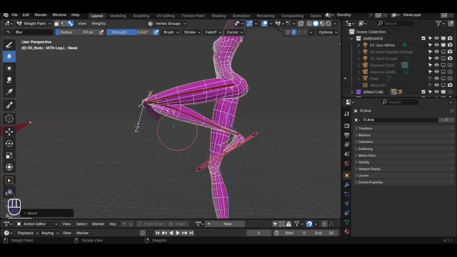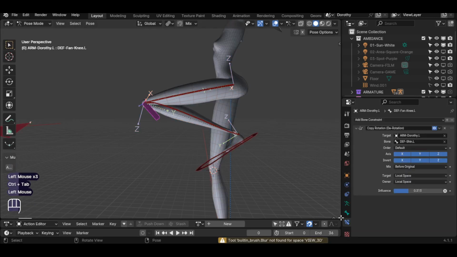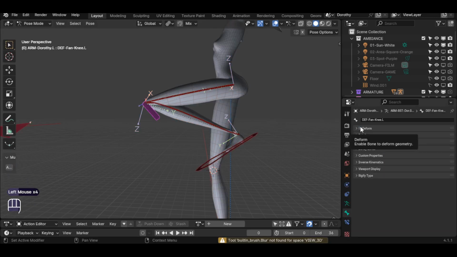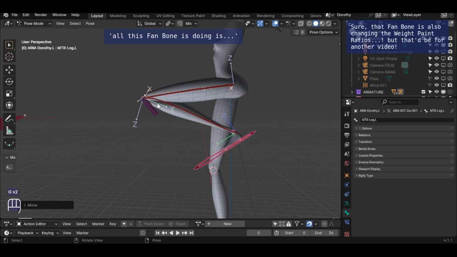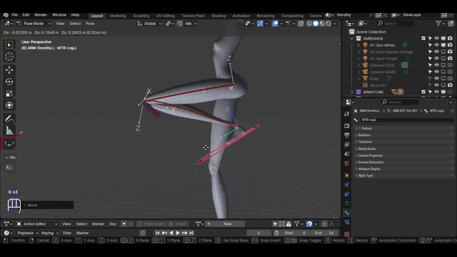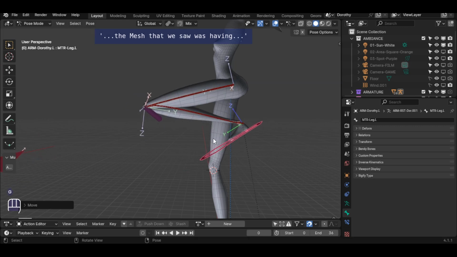If I turn off the deform property of the fan bone, we can see that it is much worse. And so all it is doing is derotating the critical mesh, the mesh that we see is having a terrible day out there.